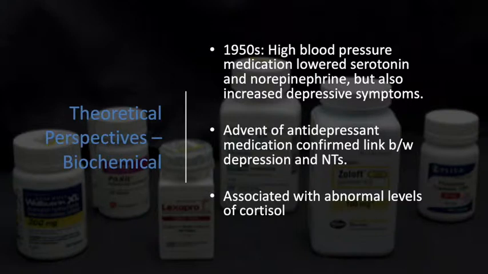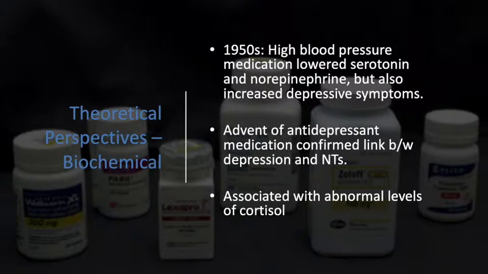And that kind of gave researchers this evidence that people taking high blood pressure medication are experiencing heightened depressive symptoms, gave researchers at the time impetus to start developing antidepressant medications that particularly work on increasing these two neurotransmitter activity in the brain, serotonin and norepinephrine.